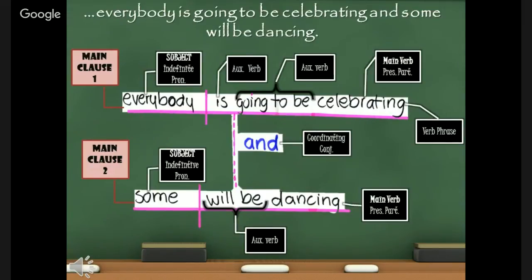Is going to be celebrating is the verb phrase. Then we have the main clause number two. Some is subject also. Will be is an auxiliary verb that expresses the future and dancing is the main verb. Will be dancing is the verb phrase. But we miss and, which is joining the two main clauses as a coordinating conjunction.